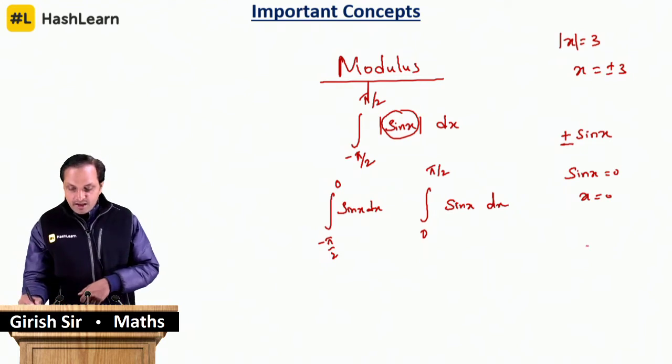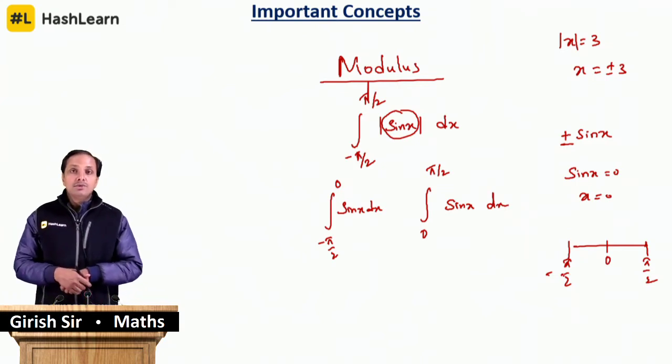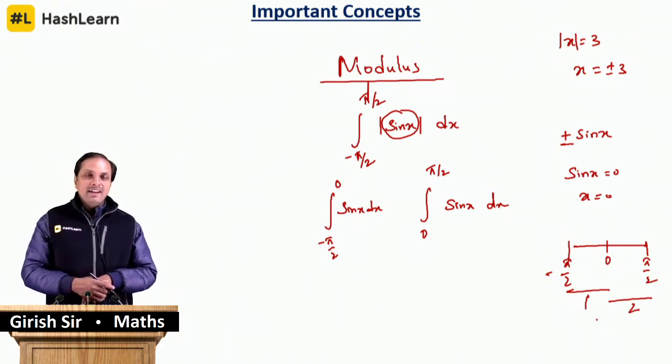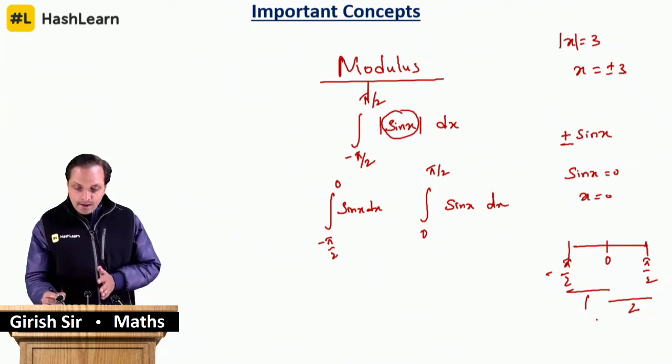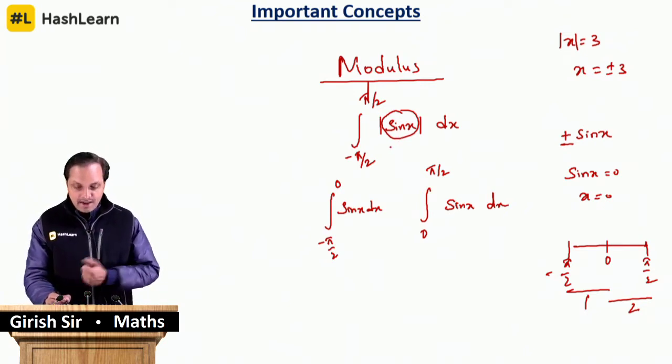After splitting the limit, so total is minus pi by 2 to plus pi by 2. हमें split करना है into two things, minus pi by 2 to 0 one case, 0 to pi by 2 the second case. You know that always you put the lower limit or the upper limit.